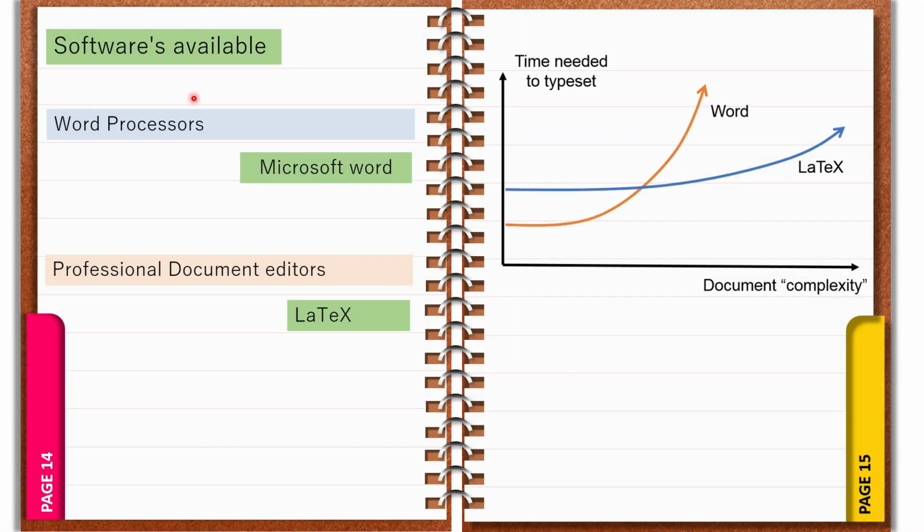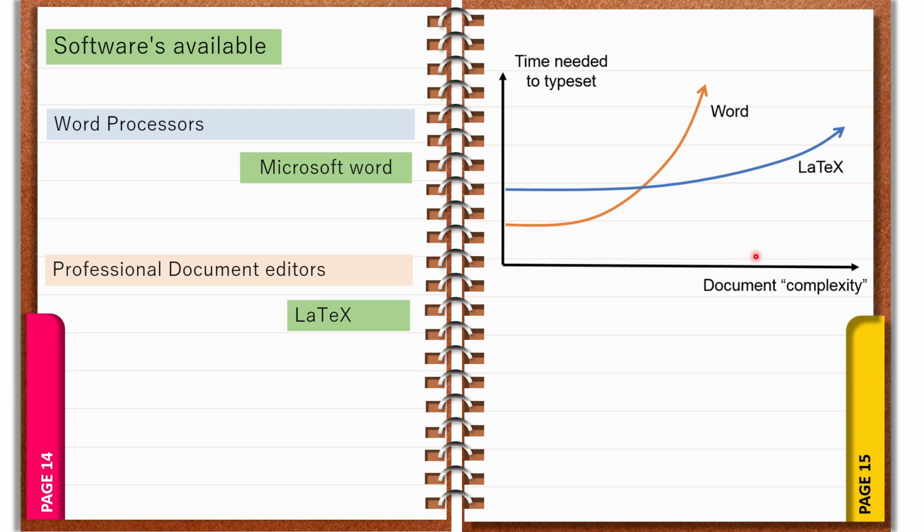So what software is available in order to produce a professional document? There are two. The first one is a word processor, which we are familiar with, that is Microsoft Word. The second one is the professional document editor, that is LaTeX. So what may be the time required to produce a professional document using Word and LaTeX?